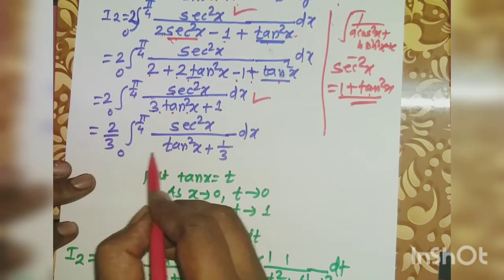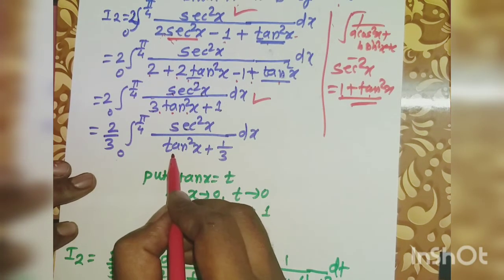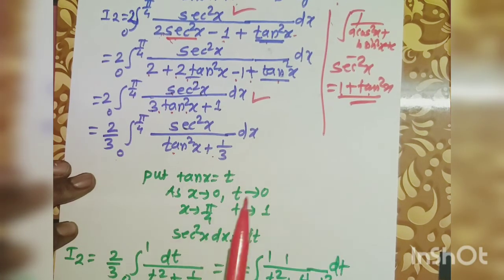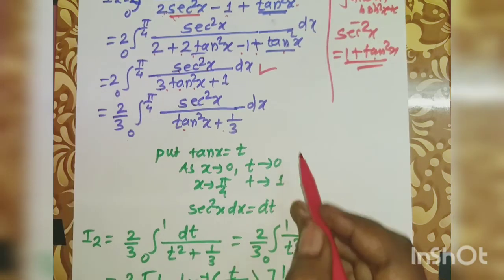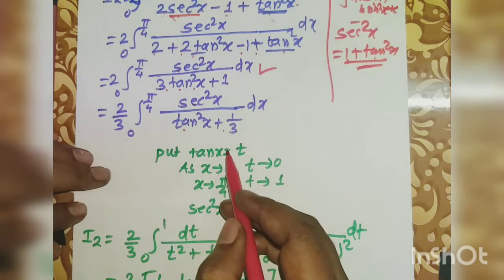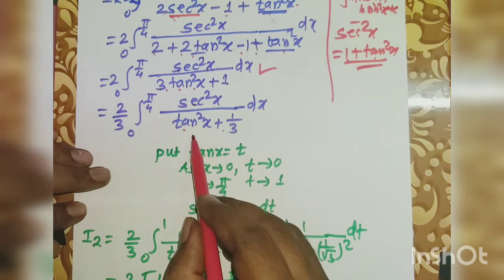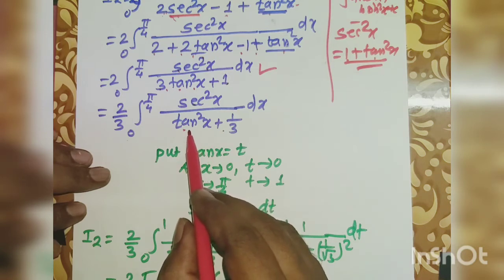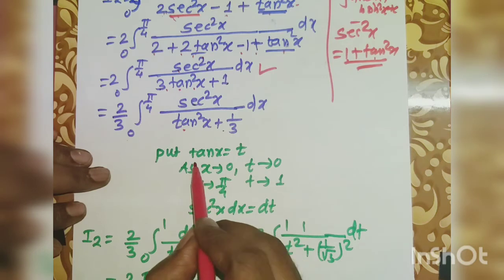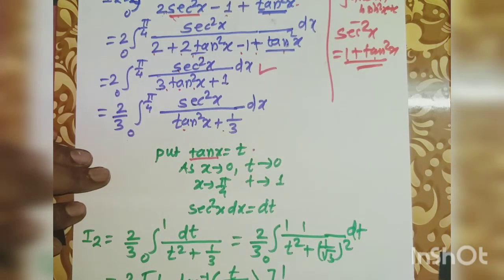Take 3 common, then 2 by 3 integration from 0 to pi by 4 of sec square x divided by tan square x plus 1 by 3 dx. Now again, which is the different form? We apply the substitution method: tan, its derivative is sec square. That means substitute tan x is equal to t, then we get the numerator.